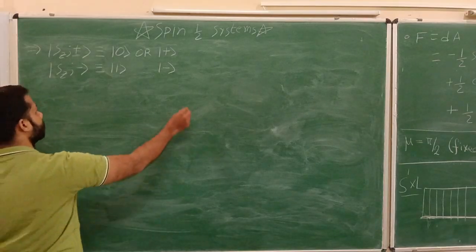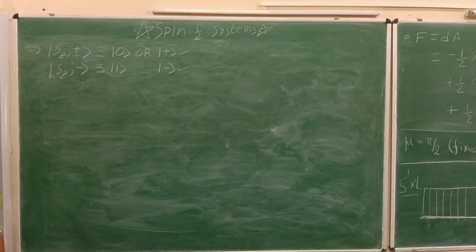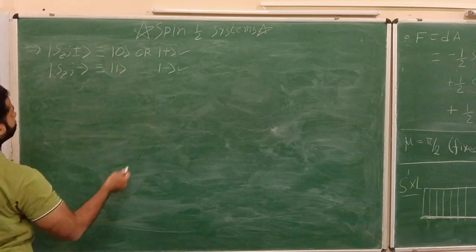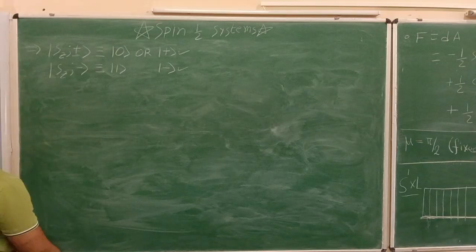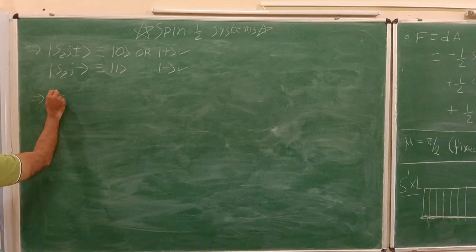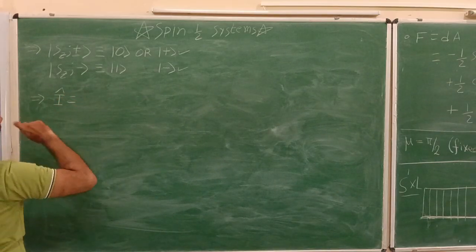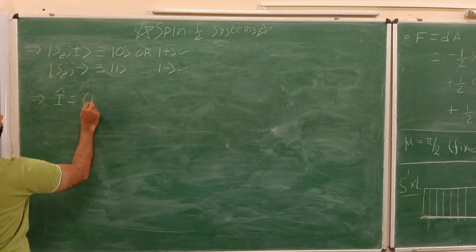So we'll be using this one. Sometimes in certain applications 0 and 1 are used. We'll be using the plus and minus one. So in that sense, the identity operator for spin-half systems will be written something like this.